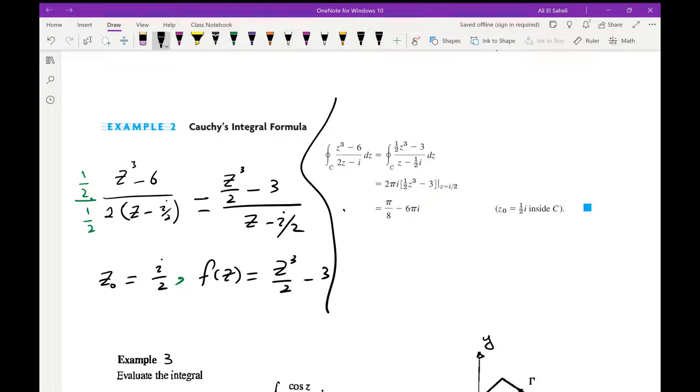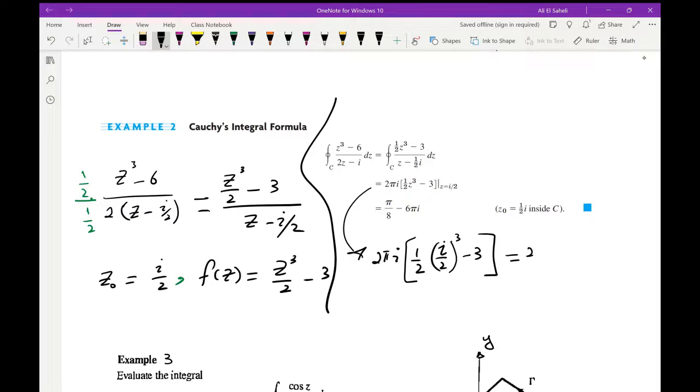All right, if you do that, then you simply have to evaluate f of z at z equal i over 2. If you do that, you have, so this is basically 2 pi i, z equal i over 2, so you have 1 over 2, i over 2 cubed minus 3.